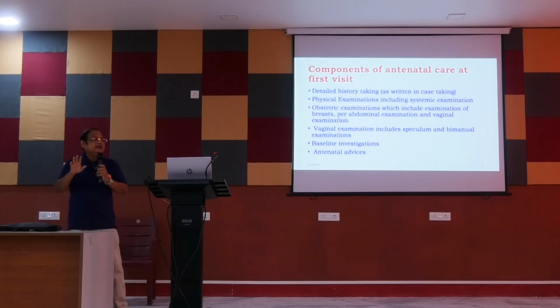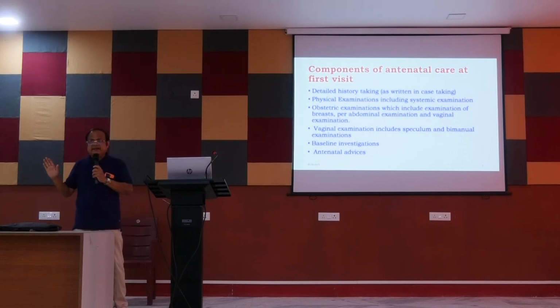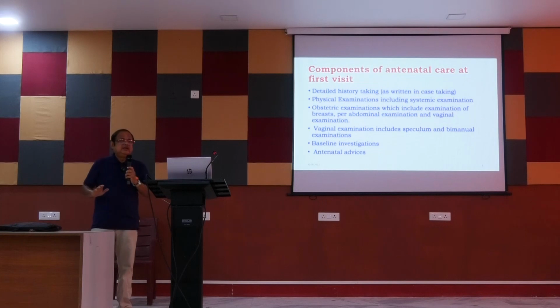Next is the physical examination, including systemic examination and obstetrical examination, which includes examination of the breast if required, para-abdominal examination, and vaginal examination. Vaginal examination includes speculum and bimanual examination. It is not routinely needed; if there are some conditions, you will do it. And some baseline investigations, which you must know today. And antenatal advice, that is very important.